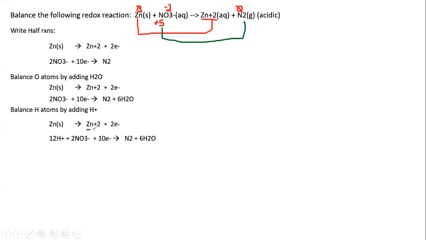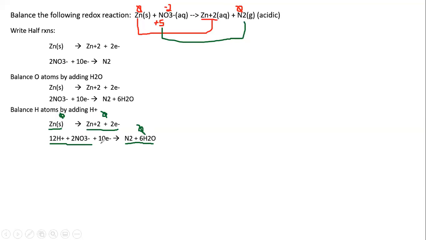Also in the half reactions, one thing I want you to note is that the total charge on the reactant side and product side are equal. On the zinc half reaction, the reactant side has a total charge of 0. On the product side, -2 and +2 is a total of 0. For the other half reaction, on the product side we have a total charge of 0.